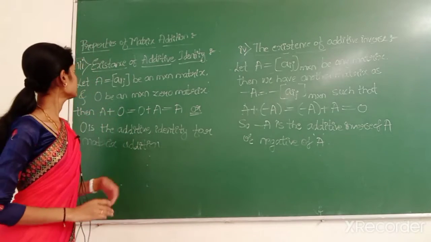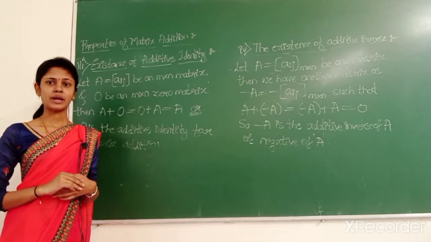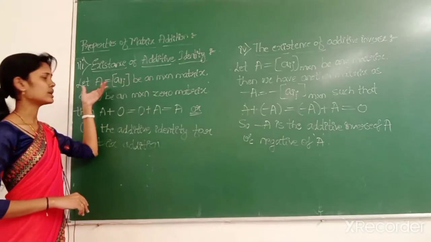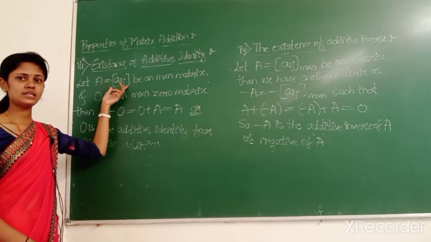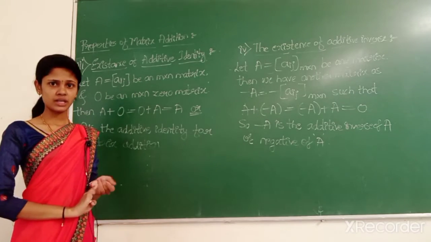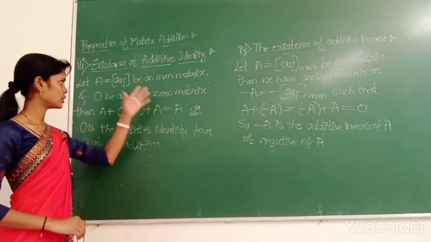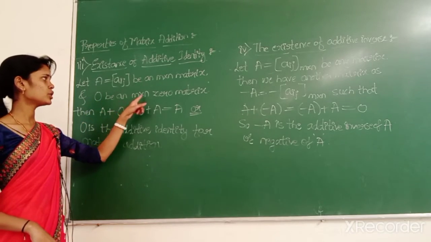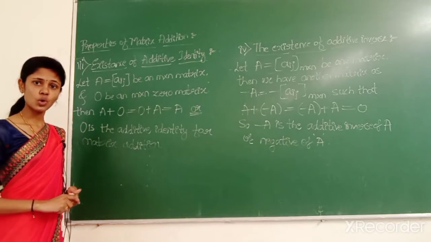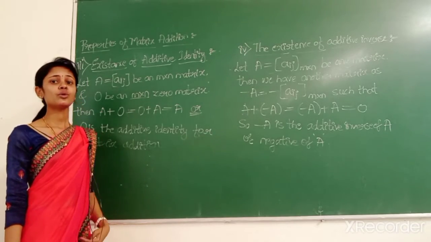The next property is the existence of additive identity. So for the additive identity matrix, what is the condition? Let A = [Aij] be an m cross n matrix, and let O be an m cross n zero matrix. So here we consider one matrix A, in which Aij is an element, of order m cross n, and another matrix O, which is of order m cross n and is a zero matrix.